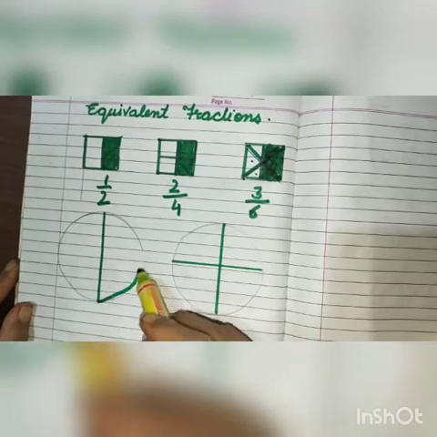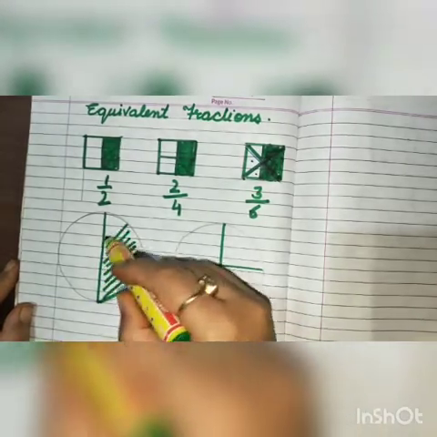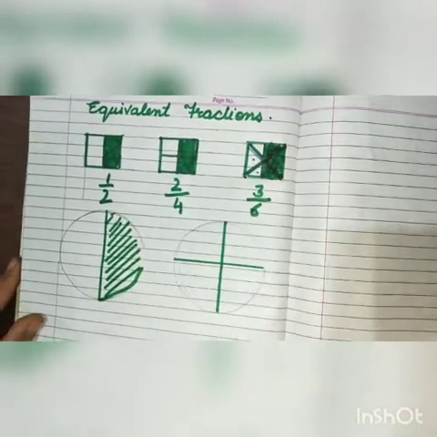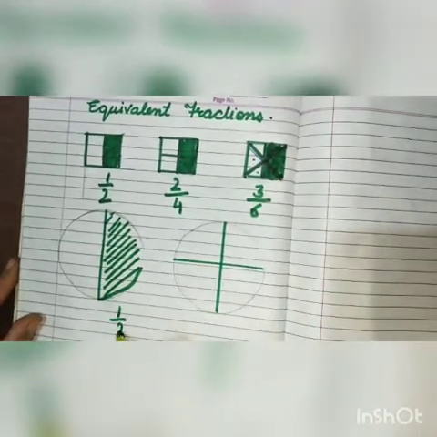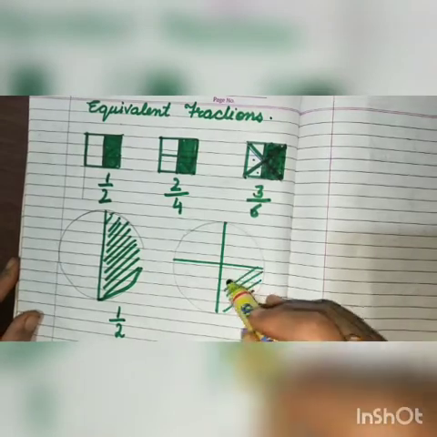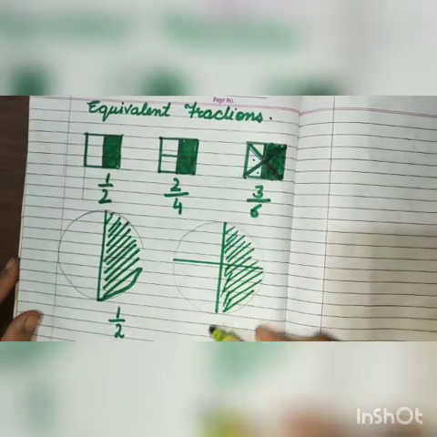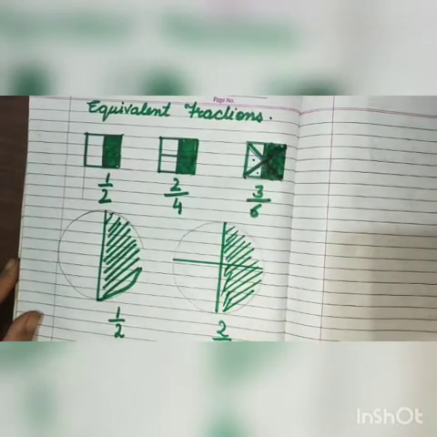If I shade half the circle, the fraction of this circle will be 1 by 2. If I shade 2 parts out of these 4 parts, I have shaded 2 by 4.